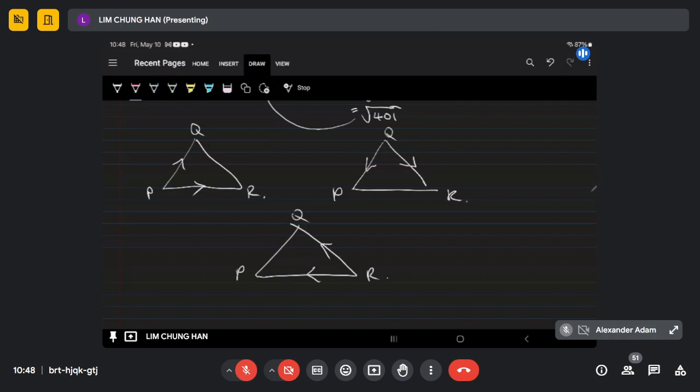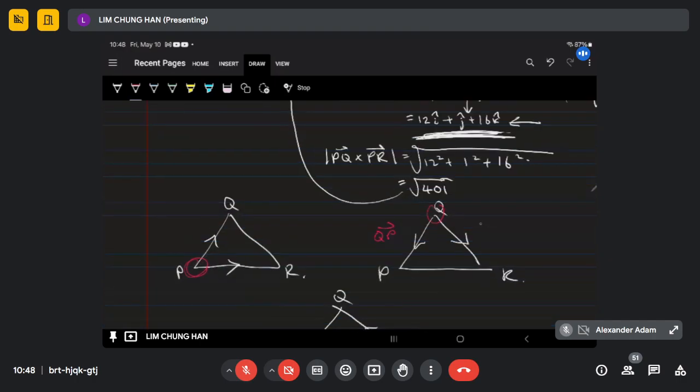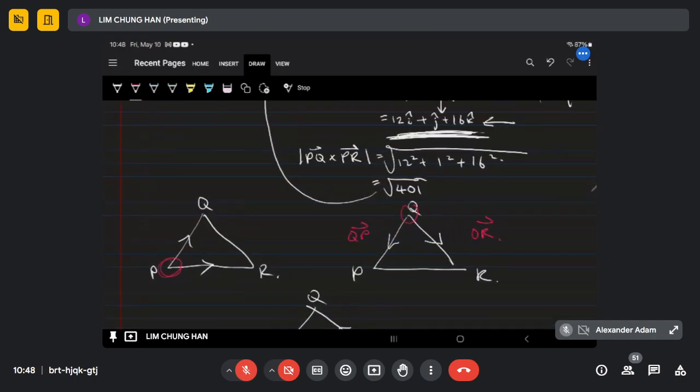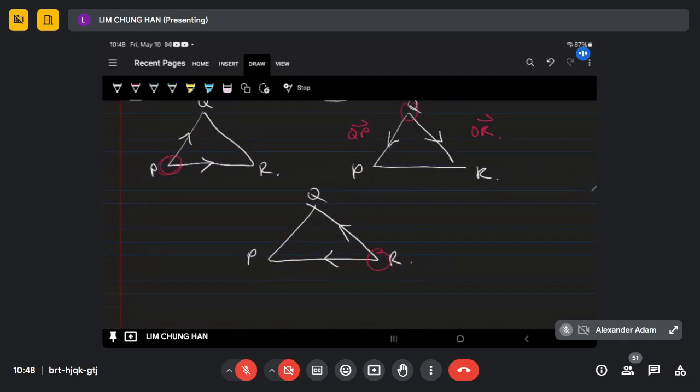In my example, I start from PQ, PR. If you want to start from Q, you can do it, but it has to be QP, QR. You have to look for vectors QP and QR. Or if you want to start from R, then you have to look for vectors RQ and RP.